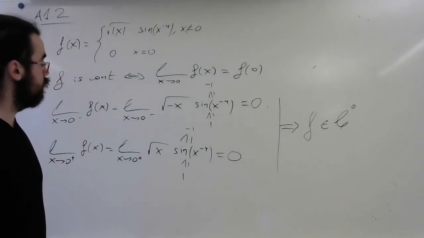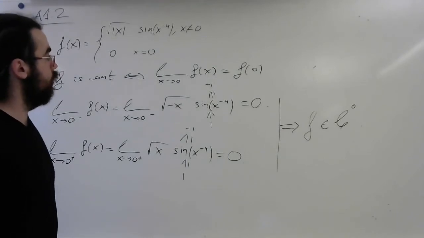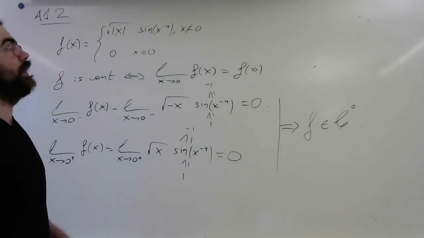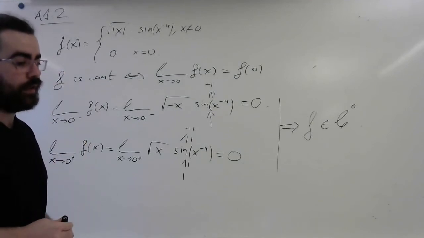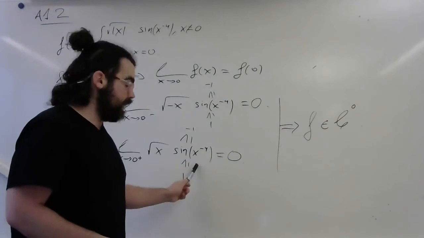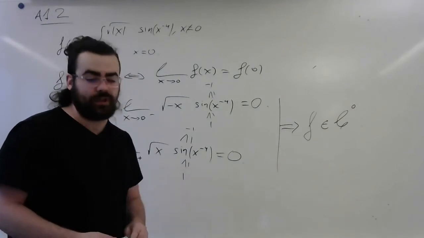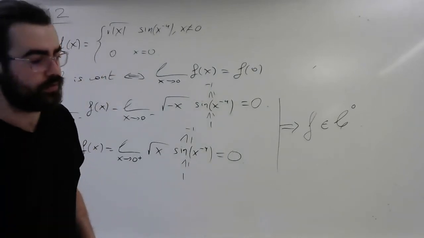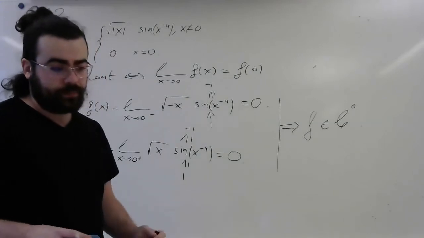If that is 0, then it doesn't matter what limit of sine is. We can just ignore it because 0 multiplied by whatever it is will also be 0. The thing here and the main difficulty of this problem is that this sine, this limit is not defined when x tends to 0. So you have to resort to other properties. In this case, we will use that it's bounded.